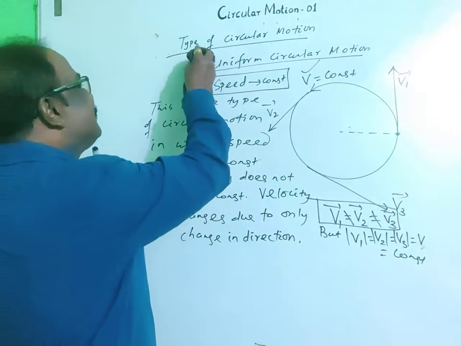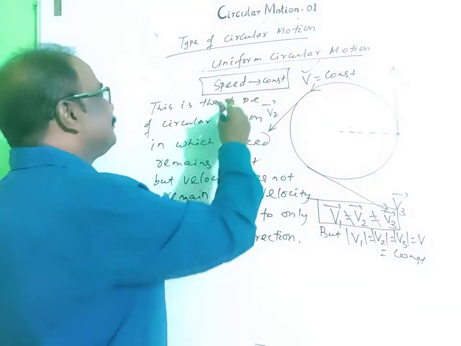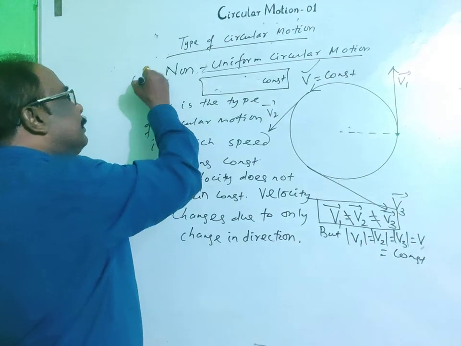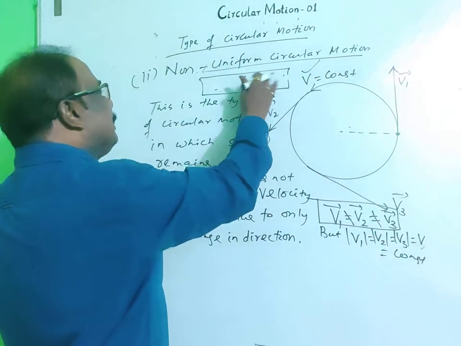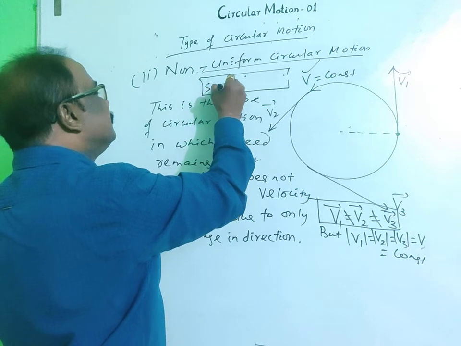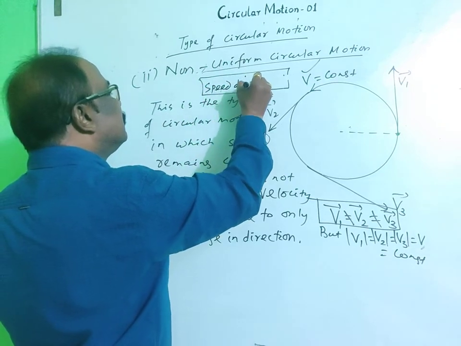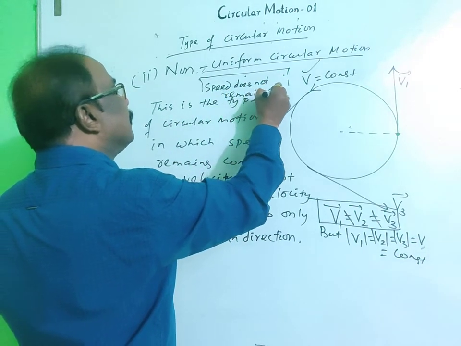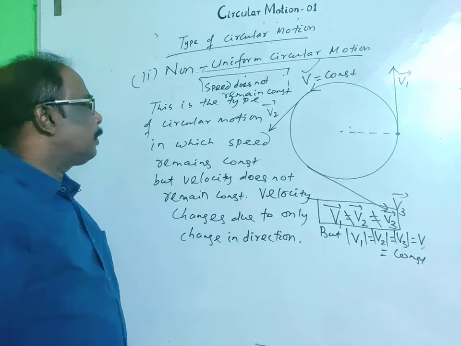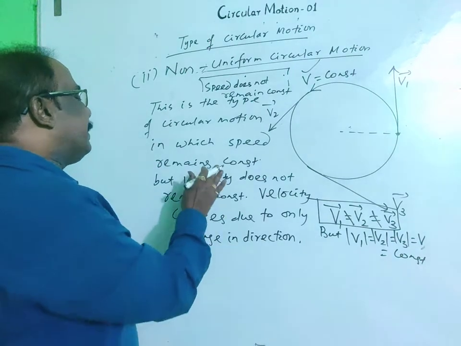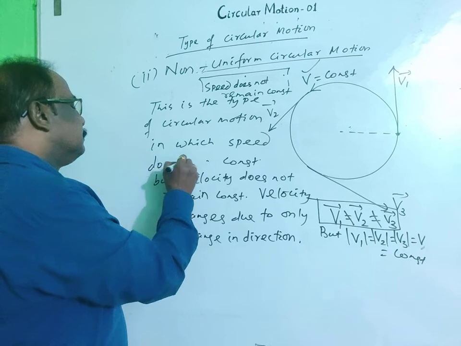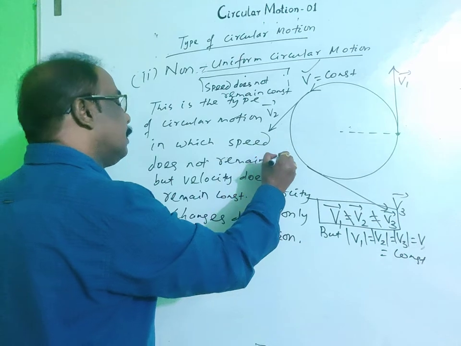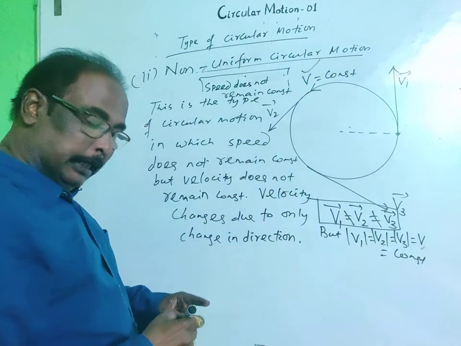Okay. Then comes number 2, non-uniform circular motion. It is the type of circular motion in which speed doesn't remain constant.